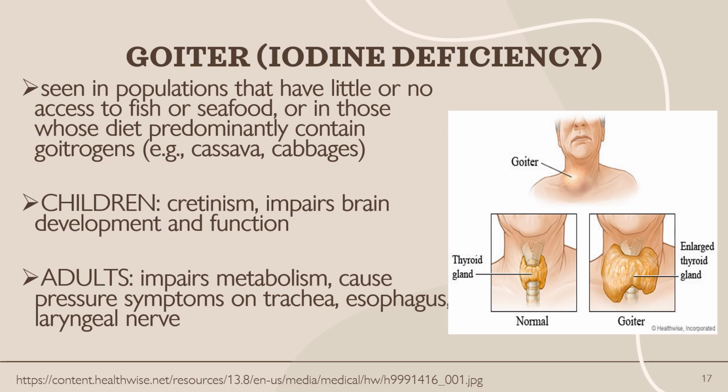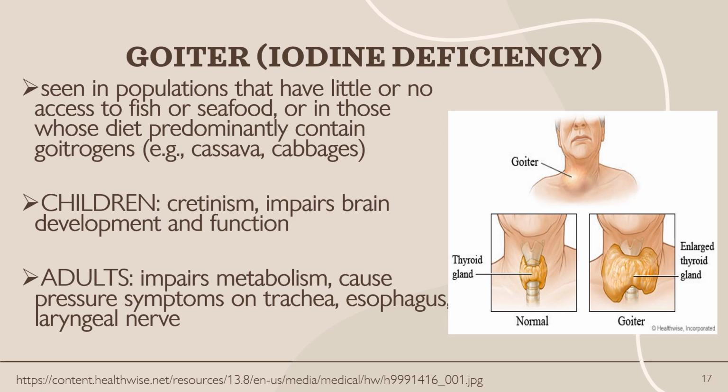Next nutritional disorder is your goiter or your iodine deficiency. Now, your goiter is basically a disease process which involves your thyroid gland. Now, your thyroid gland is the largest endocrine gland in the body, and it produces the thyroid hormone, which is responsible for regulating a lot of our metabolic functions, like it helps in regulating growth, temperature, etc. So basically, if it is affected, a lot of your processes will also be affected as well.